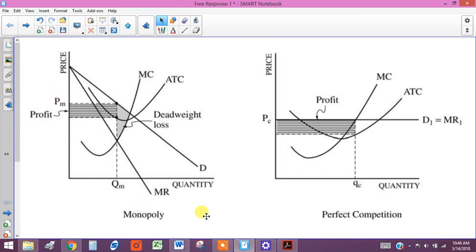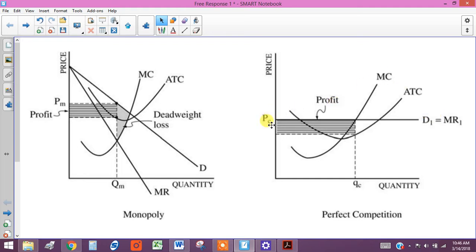Now, over in your perfect competition, your price is going to be the same as your demand, and also the same as your marginal revenue curve. They're all one horizontal curve, because if you remember, a perfect competitor is a price taker from the market.